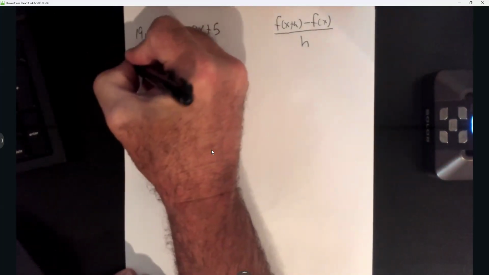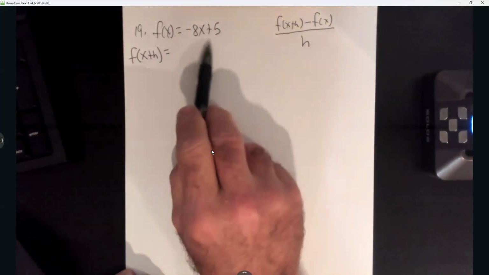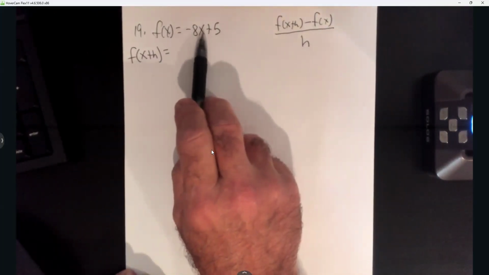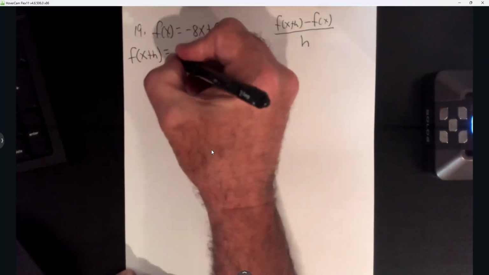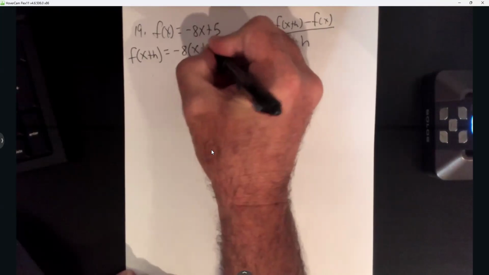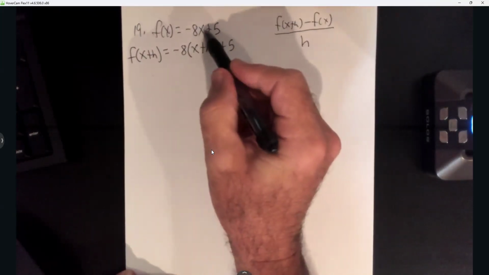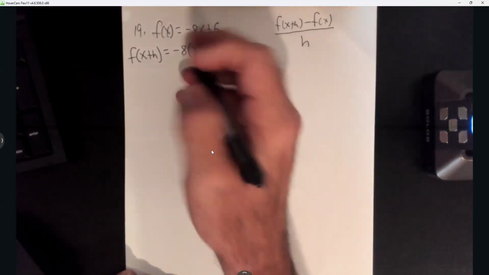So what you got to do is find f of x plus h. And to do that, you're just going to put an x plus h in for that x. So you're going to have -8 times x plus h plus 5. So you're just replacing the x with this, okay?